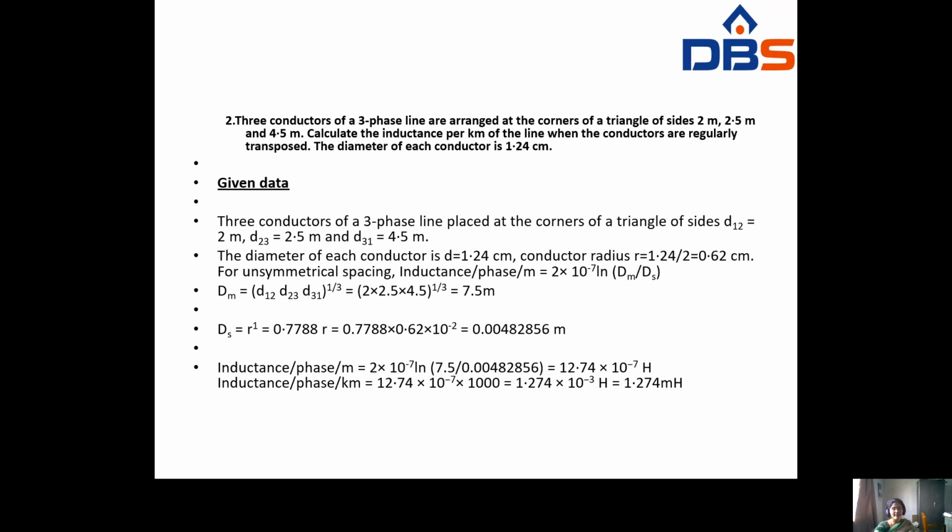Three conductors of a three-phase line are arranged at the corners of a triangle of sides 2 meters, 2.5 meters and 4.5 meters. Calculate the inductance per kilometer of the line when the conductors are regularly transposed.